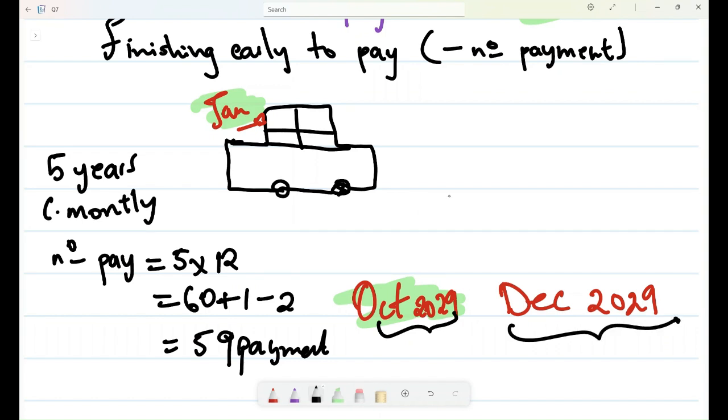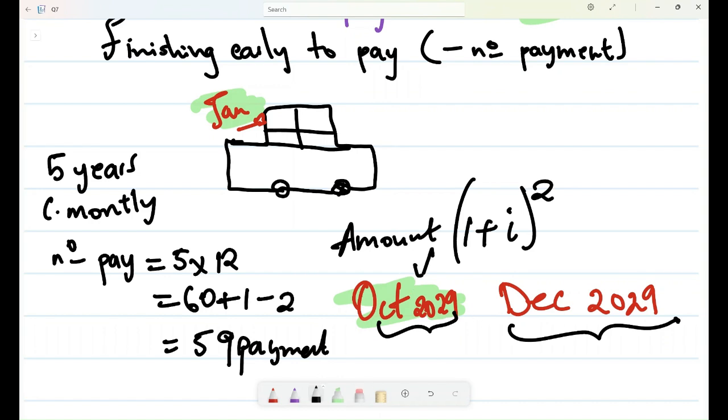So whatever amount you have here in October 2029, you have to add it to the interest that is going to stay in that campaign, because you ended paying in October, but there are 2 months that are still left. You do not need to pay here. You are done paying, but the agreement says you can come fetch your car in December 2029.